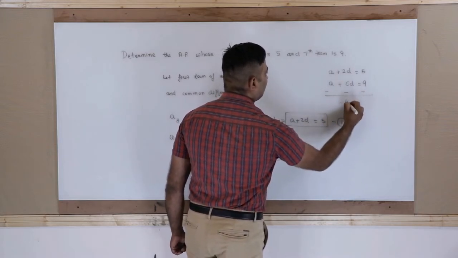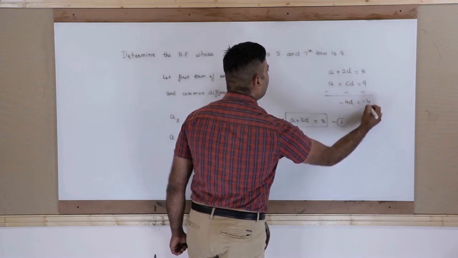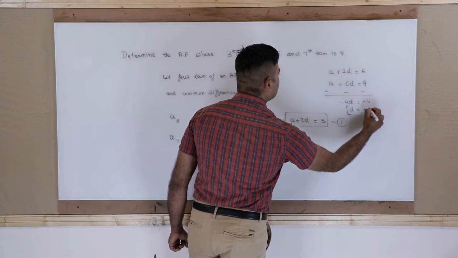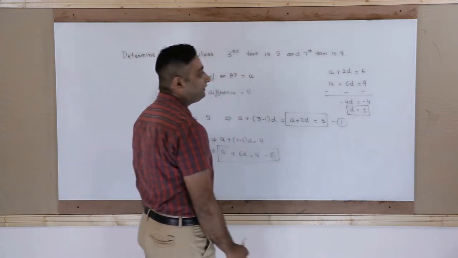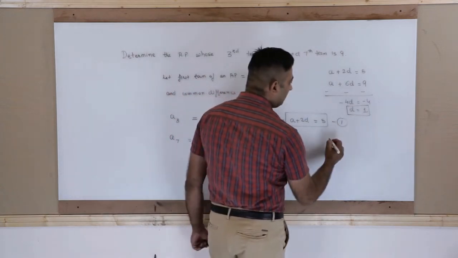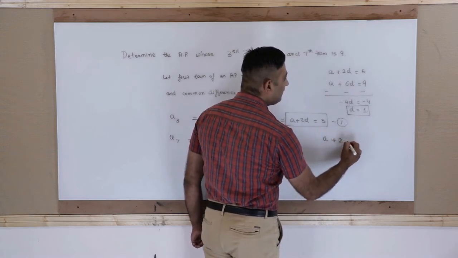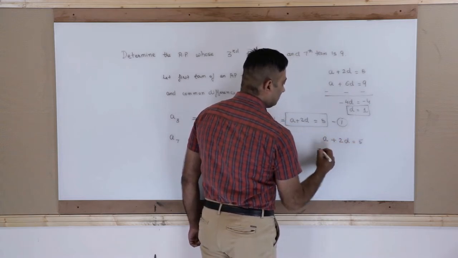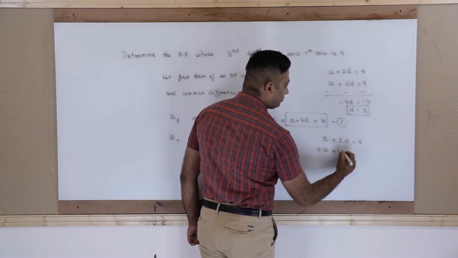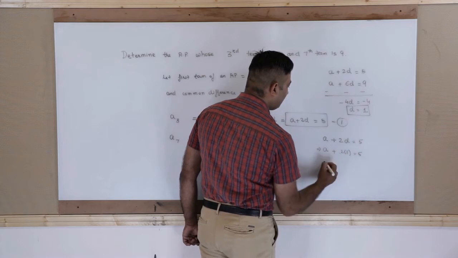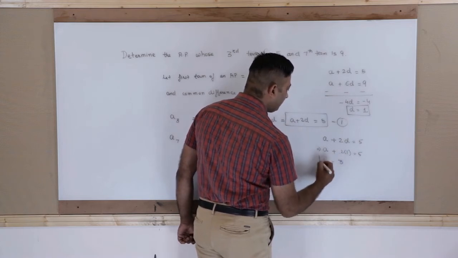We will get minus 4D is equal to minus 4, that is D is equal to 1. Now let us substitute this value of D in any of the above equations to find the value of A. That is A plus 2D is equal to 5. This implies A plus 2 into 1 is equal to 5. That means A is equal to 3.